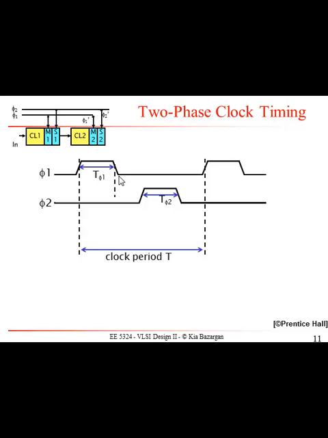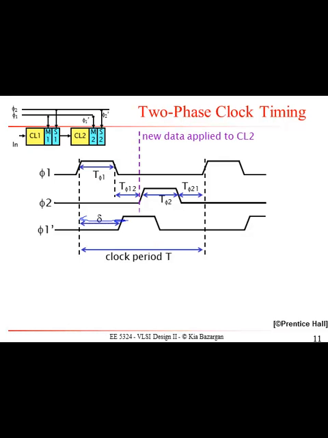So let me skim over this part. I'm not going to walk you through the calculations here. You can do it at home and follow the calculations that I had, but basically what I'm showing you here is that you have phi1, and phi1 prime has a skew. So phi1 prime is the master clock of the second stage of the pipeline, and also you have the distance between phi1 and phi2.